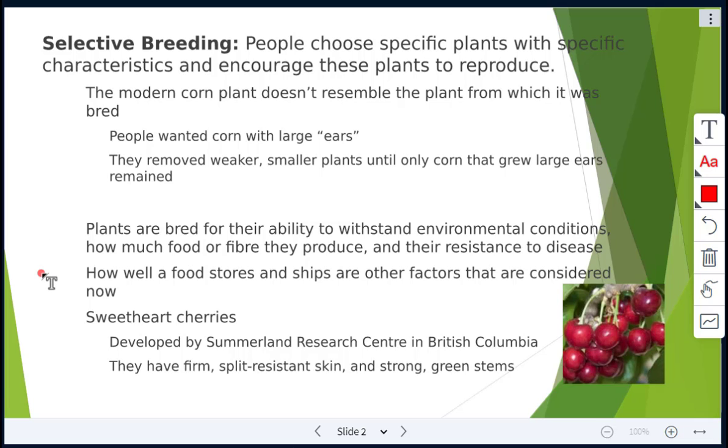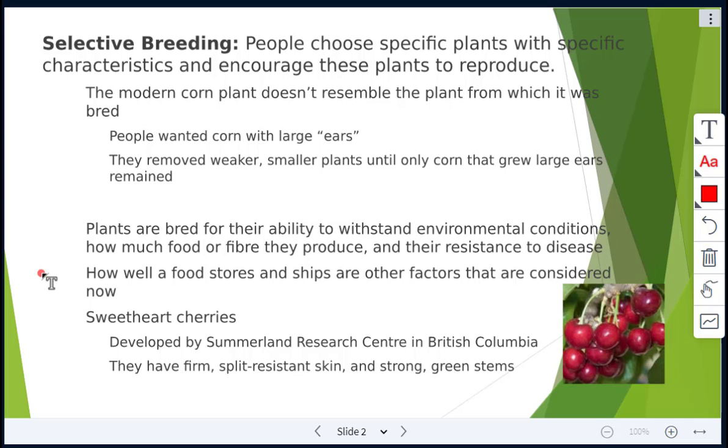Another quality or characteristic that farmers look for is how well a food stores and ships. So these are other factors that are considered. For example, how long of a shelf life will this food have, right? So for example, tomatoes.